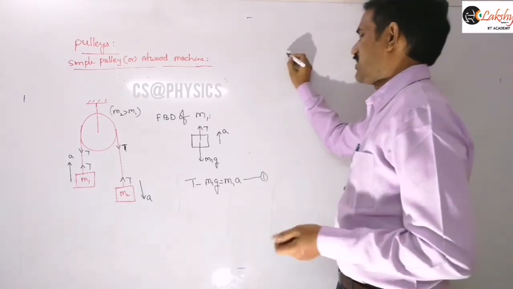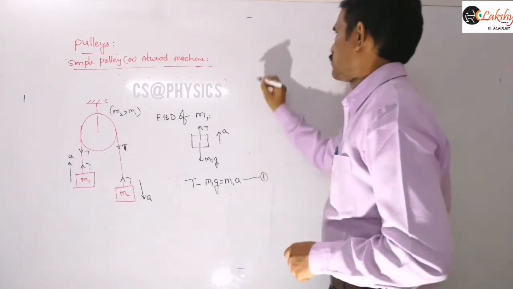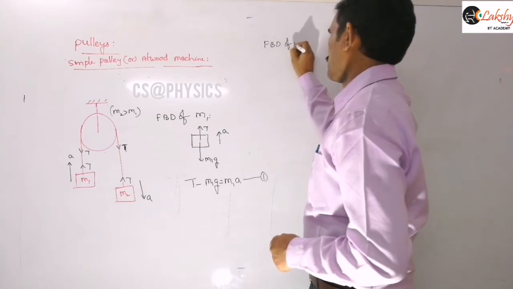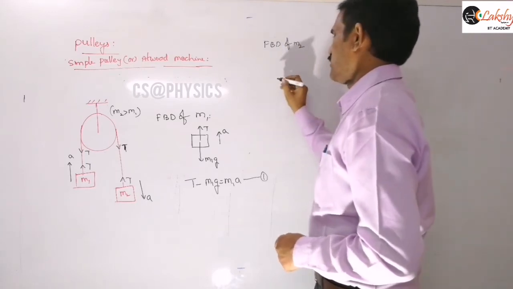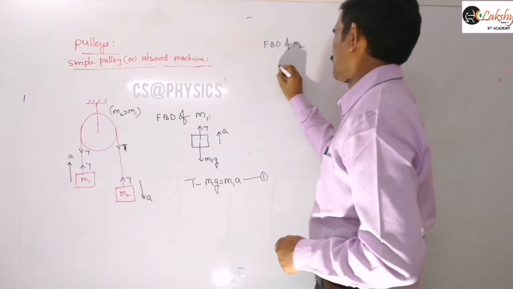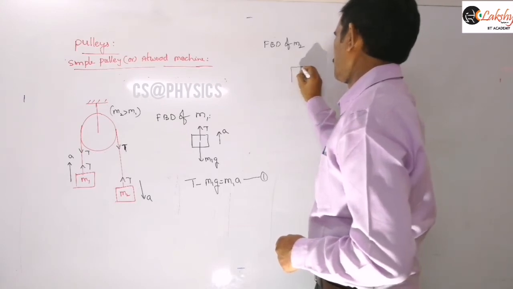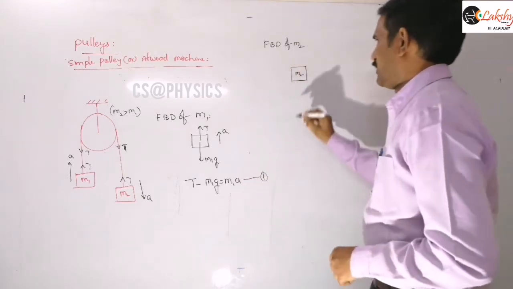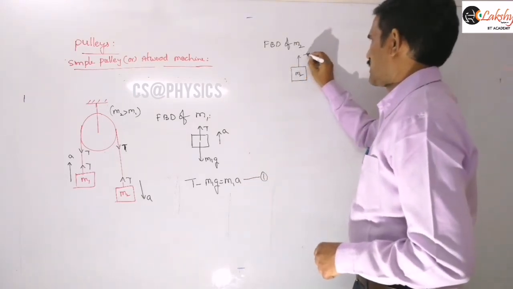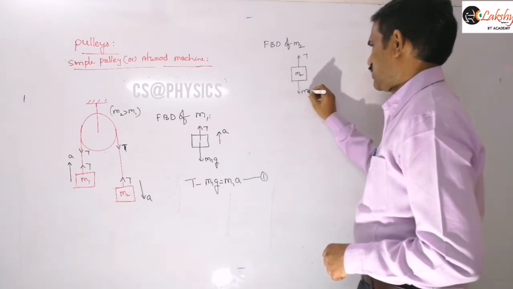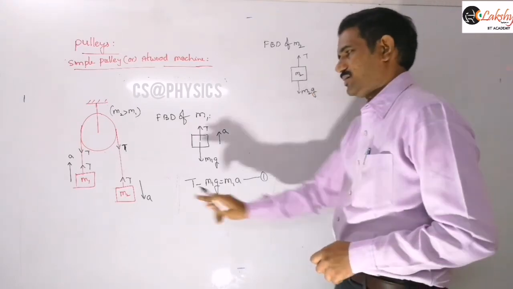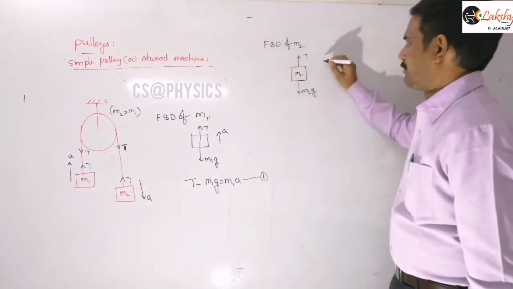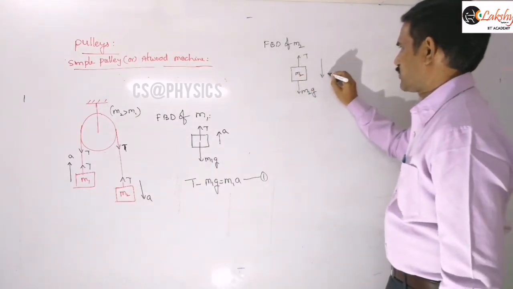And next for M2, I am taking the FBD of M2. So this is the FBD of M2. Again the tension is acting upwards and M2G is acting downwards, but the acceleration of this block is in the downward direction.